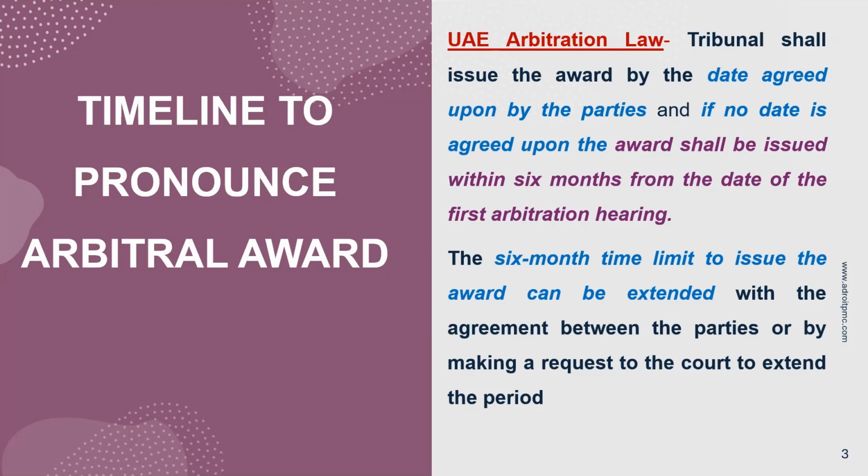If the parties are not mutually coming together to agree to this extension of time, they could approach the court and request the court to extend this timeline. So if an arbitration proceeding is conducted in UAE, the timeline will be 6 months and it can be extended further.